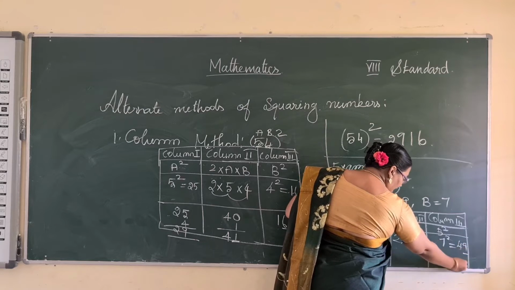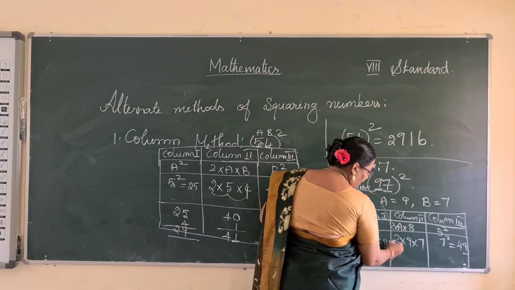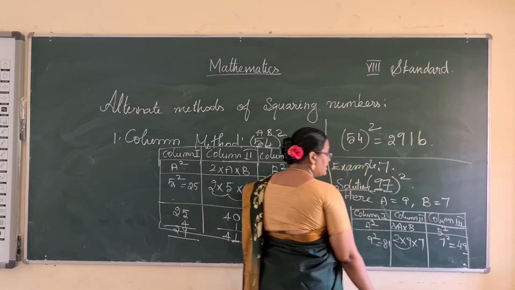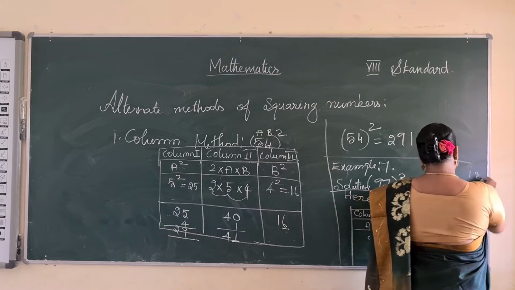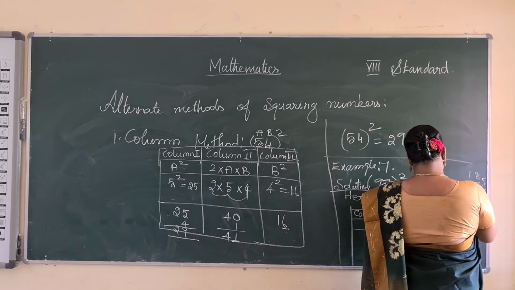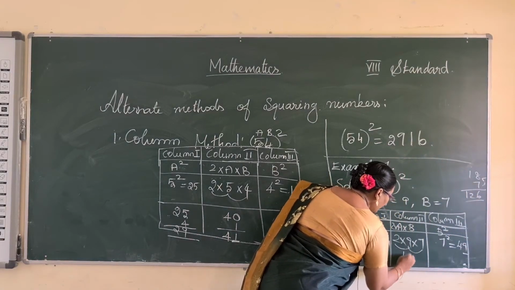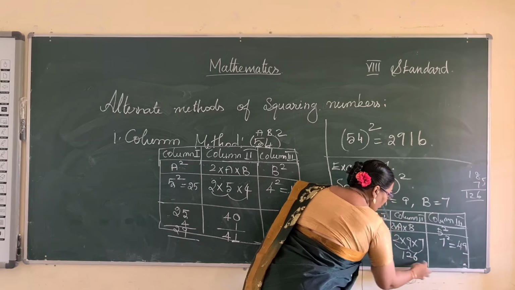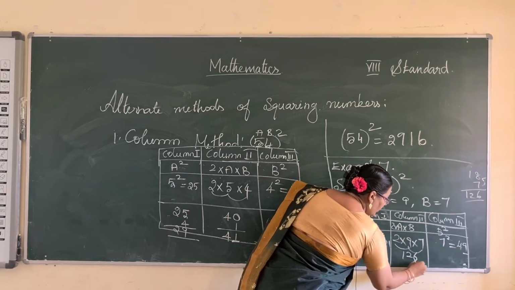The unit place stays here and the tens place moves to column 2. Already here 2 nines are 18, and 18 sevens are 126.